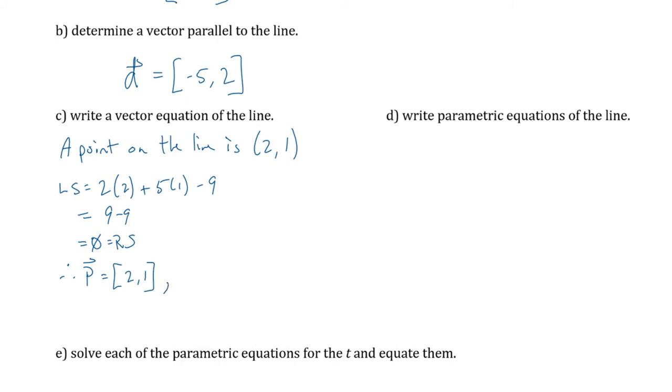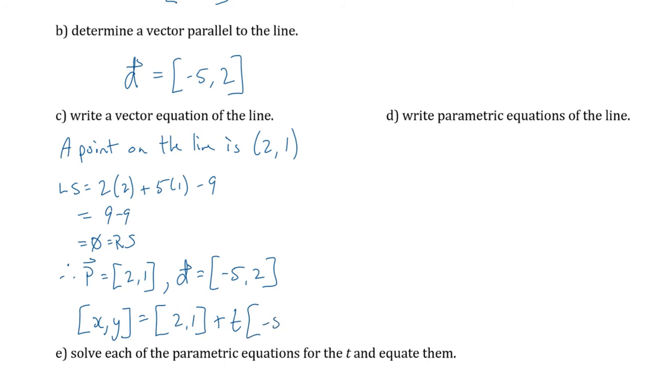So my position vector will be P, my direction vector will be D, and there it is, (-5, 2), and that makes my equation the position vector plus some parameter, so I'll choose t, times (-5, 2).